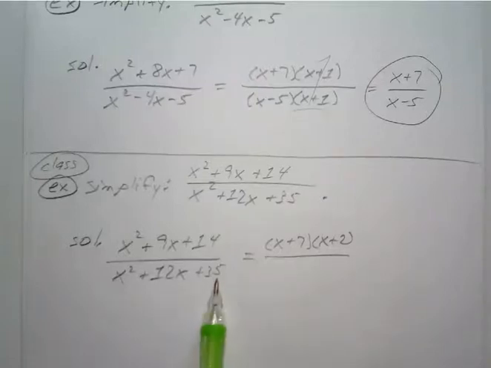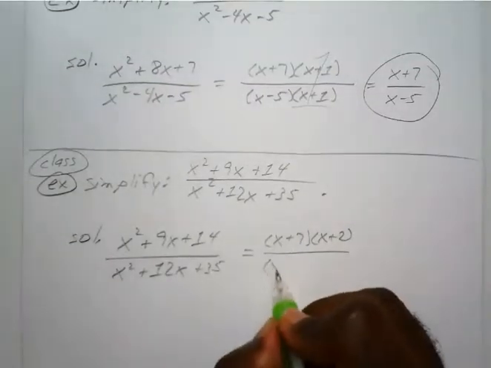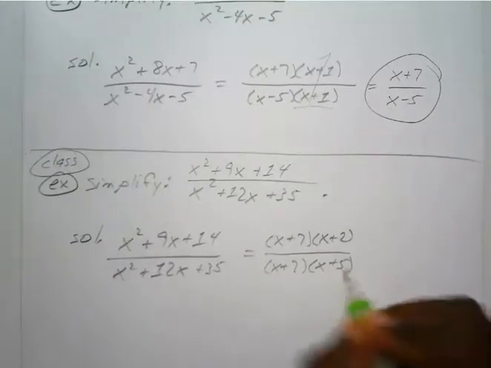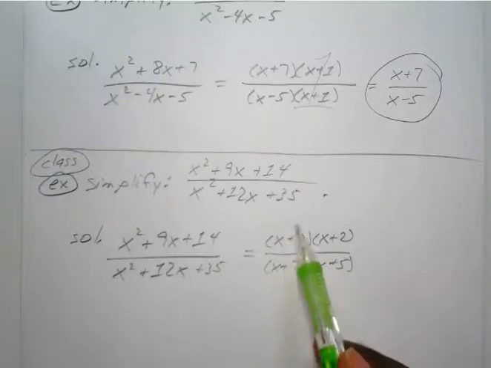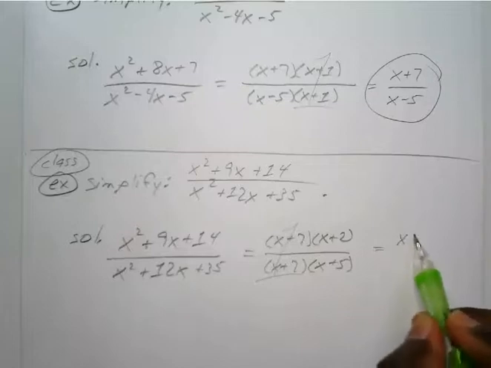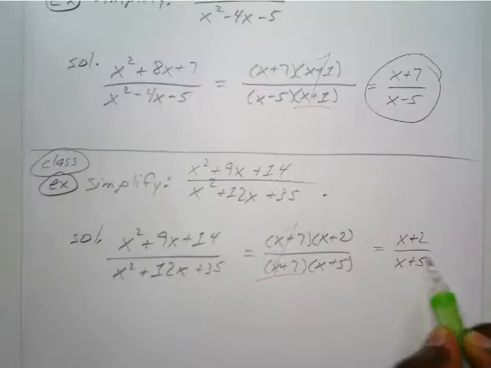For our denominator, we find two numbers that multiply to give you 35 and add to give you 12. We know 7 times 5 is 35, and 7 plus 5 is 12. So we have x plus 7 times x plus 5. Anything divided by itself is just 1, so those two cancel out. So we're left with x plus 2 over x plus 5.